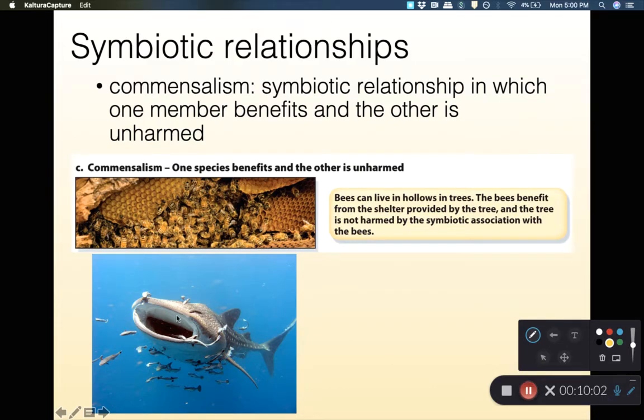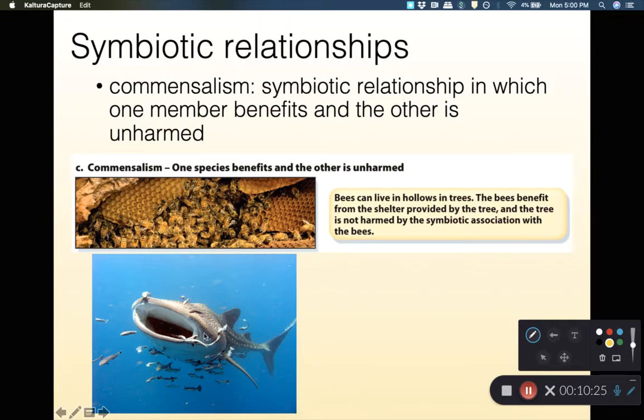So previously, we had relationships in which one member confers advantage, and ultimately they both confer some sort of advantage. So, for example, whale sharks and these small species of fish. The small species of fish feed off of the whale shark.